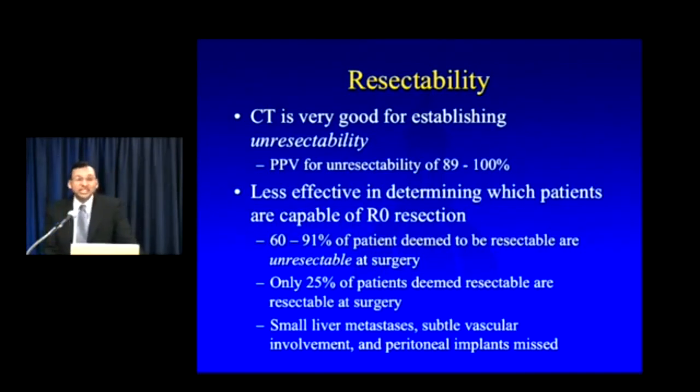Only 60 to 91% of patients deemed to be resectable based on CT are ultimately found to be resectable at surgery. And what are we missing? We're missing small liver metastases, we're missing subtle vascular involvement, and we're missing tiny peritoneal implants.